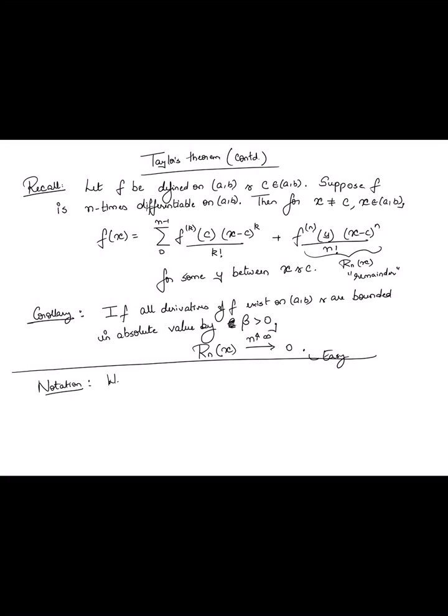So we say that a function f of x is little o of g of x as x tends to 0.